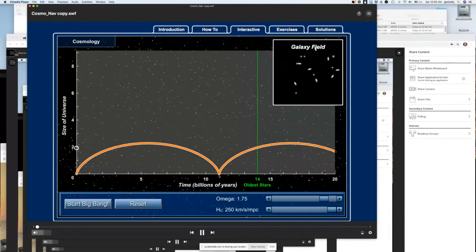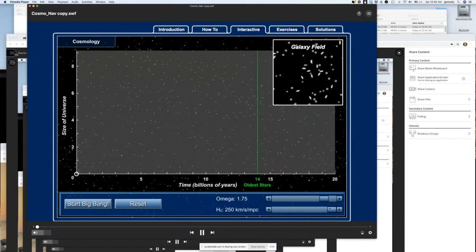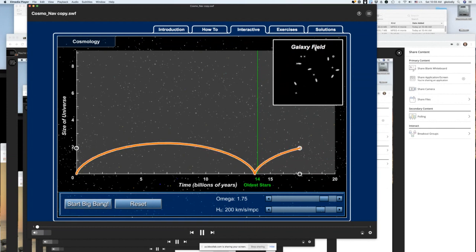And you can see what happens there. The universe only lives for about 11 billion years. And finally at 200. Okay, so you can figure out the answer to this question.